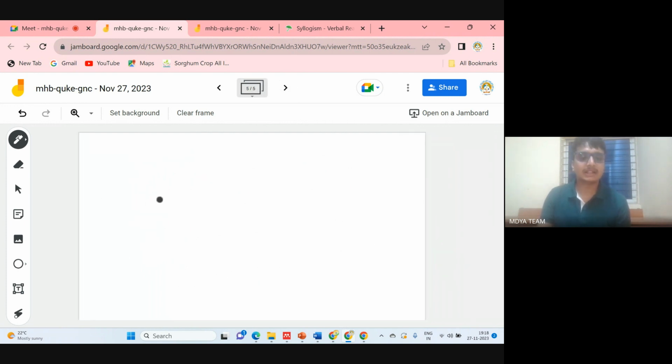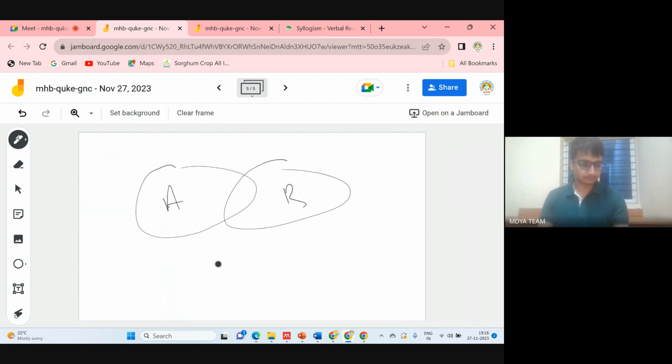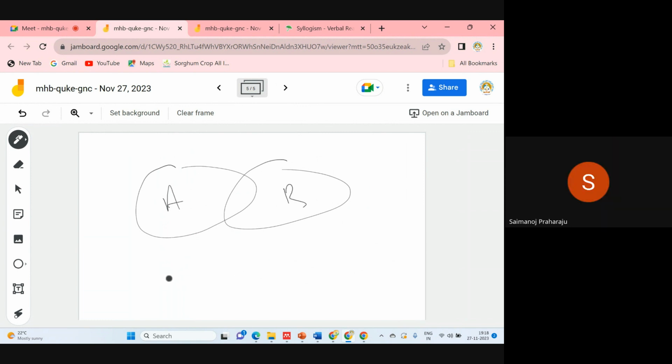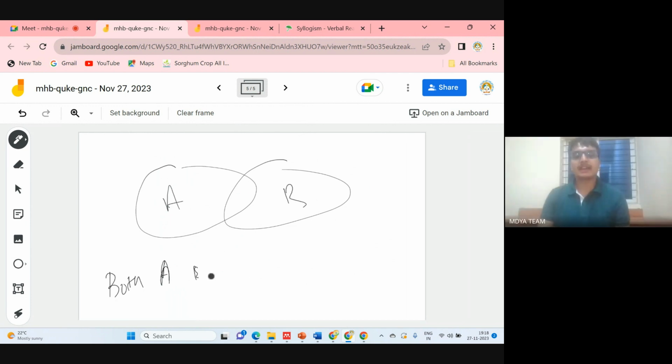Now what will be the distribution in this? In the part of intersection, both A and B are undistributed. Why? Because some part of A is in B and some part of A is not in B, so the whole population is not at a similar place.